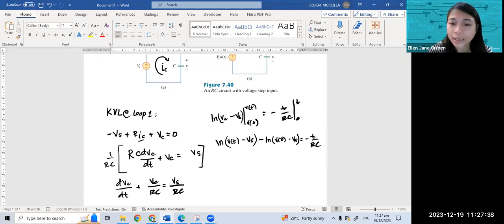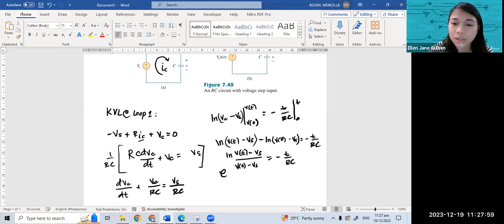Combine the ln, since we have a minus right here, we can do the division. V of t minus Vs over V0 minus Vs equal to negative t over RC.